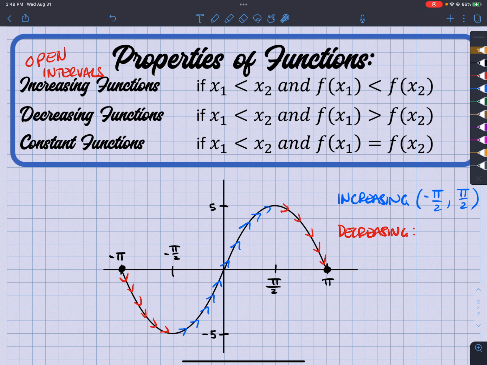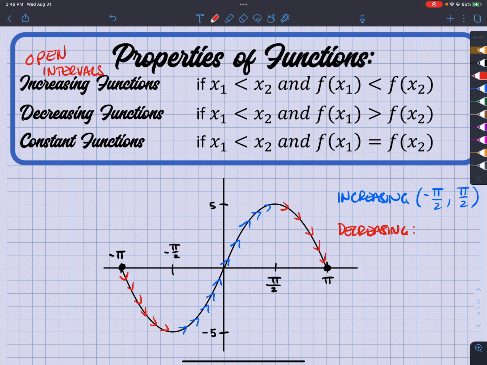I'm going to have to include it because that is where it starts and there's no transition point. So in this case, I have to say it's decreasing from negative pi to negative pi halves. Now that is a closed circle. However, because I have two things, I have to apply the union and then say it's pi halves to pi. Okay? And since there's no constants, I'll leave that alone.